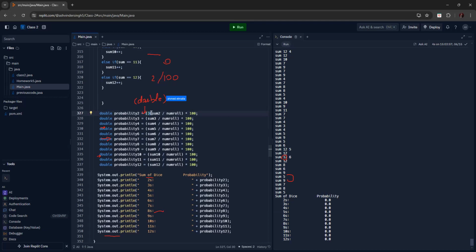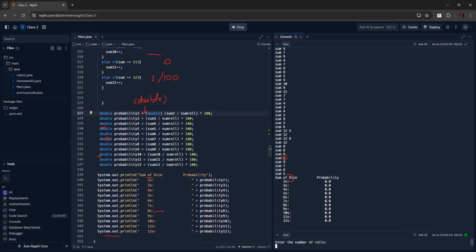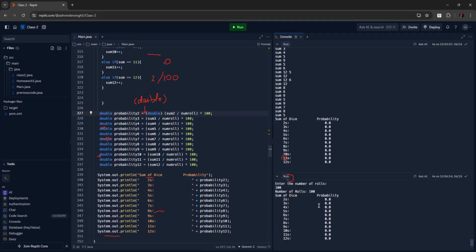Yes, so this will do the effect that we want. So try it in one first, and then if it works, roll for 100. Nothing. Roll for 1,000.